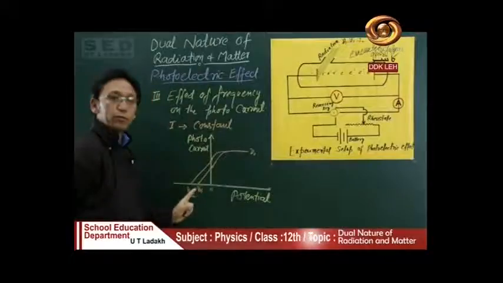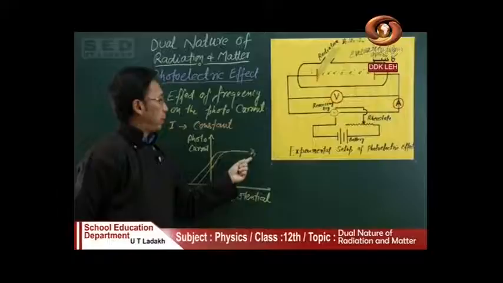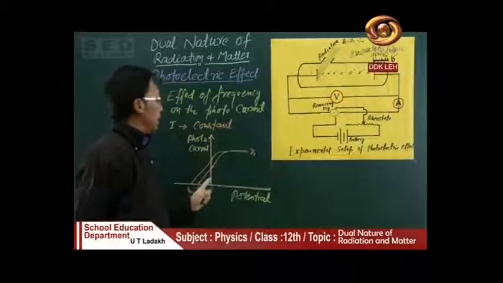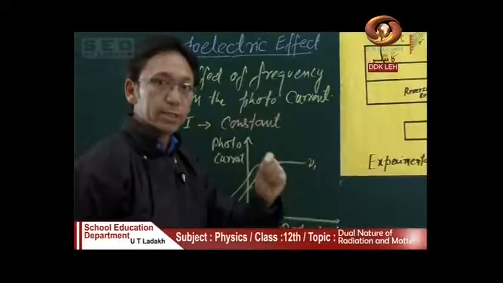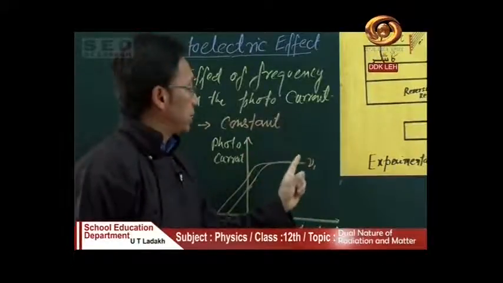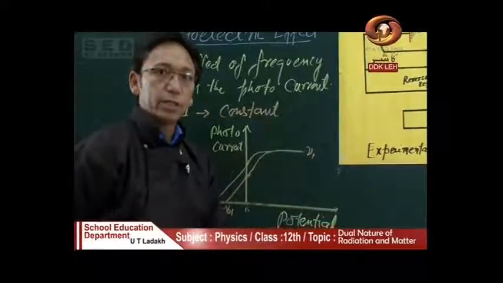So in this case we get a different value of stopping potential. That means the stopping potential does not depend upon the intensity of light. It is confirmed. Stopping potential depends upon the frequency of the incident radiation.